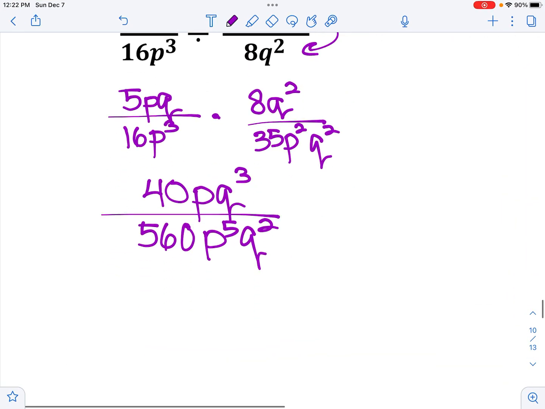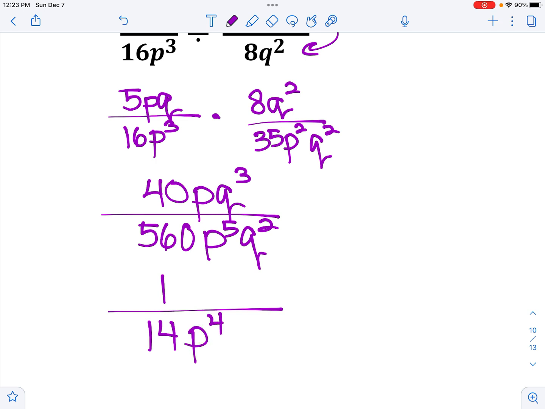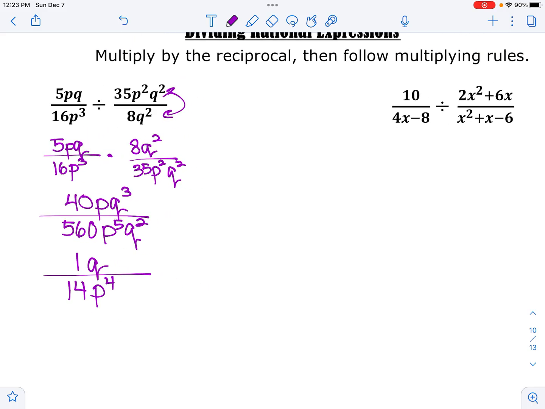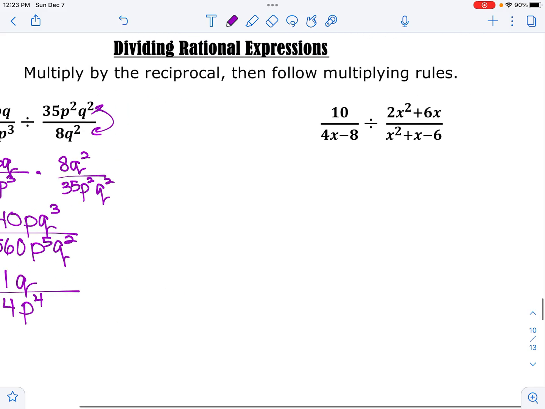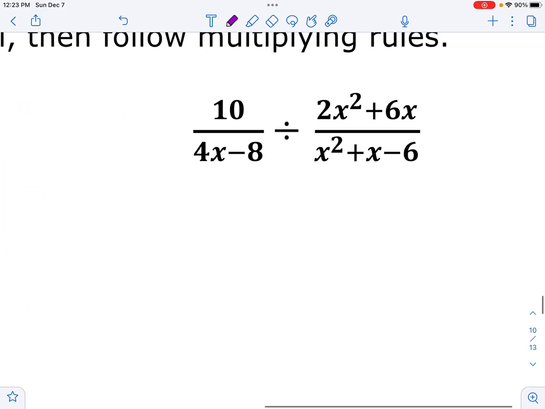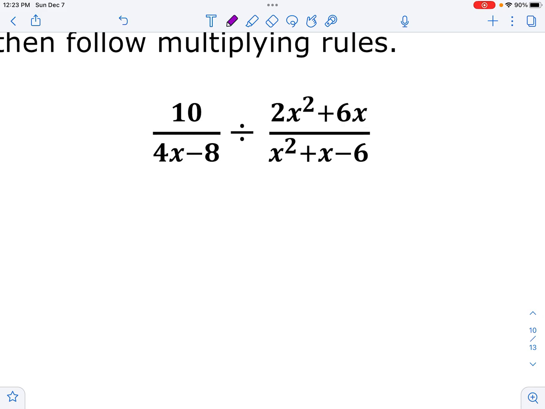So this, 1/14 on the bottom. P divided by p to the 5th. That means subtract those. I should have 4 extras on the bottom. And then q to the 3rd, q squared, subtract, I have 1q left on top. There we go. You just divided. And then we'll get slowly a little bit harder here.